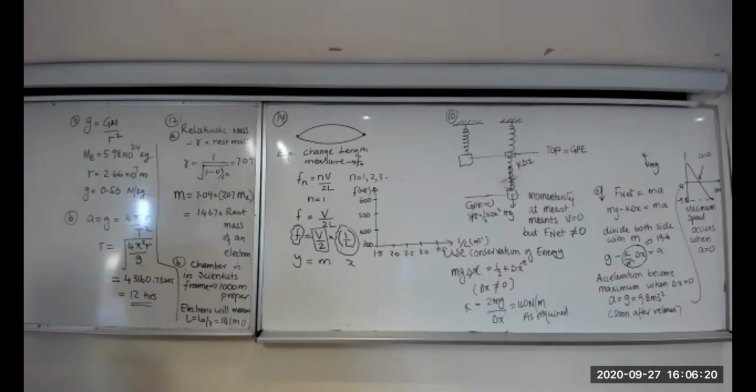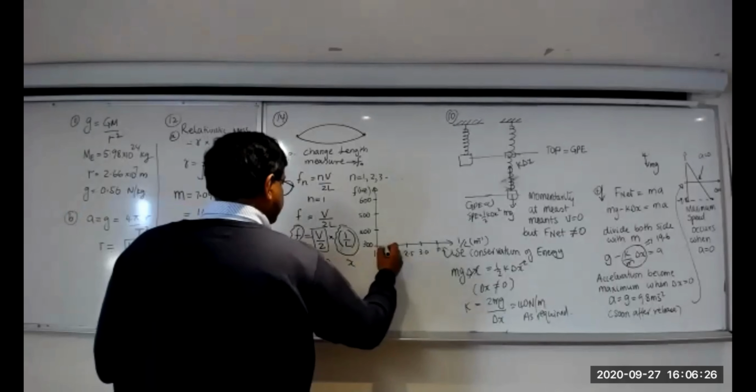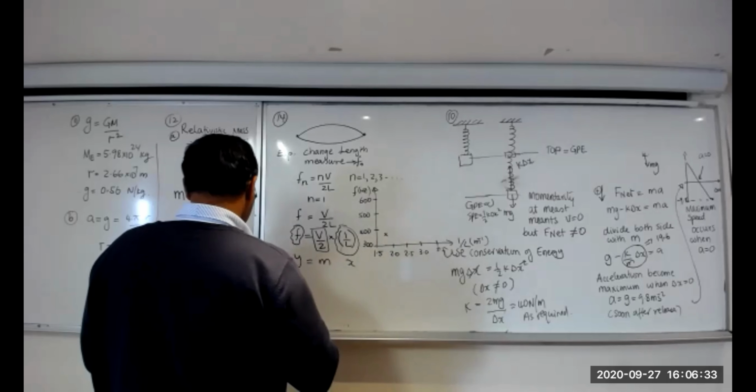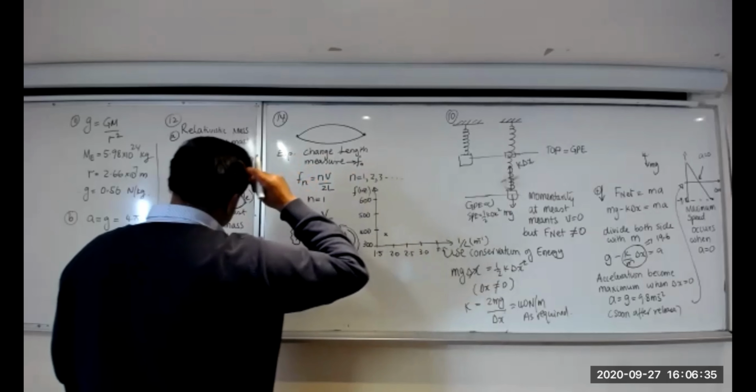Plot the graph. First point is 1.75 times 370, 1.75 somewhere in the middle, 370, maybe there. Use a pencil. For the graphs, I would recommend using a pencil.